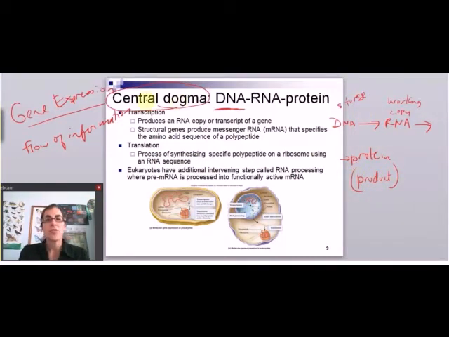So why is the cell going to have this sequence? Why doesn't it just go straight from DNA to protein? Well, let me give you an analogy. Think about when a building is being built. The architect designs the building on his original blueprints that he makes, right? And then those blueprints are going to be used in order to make the building.